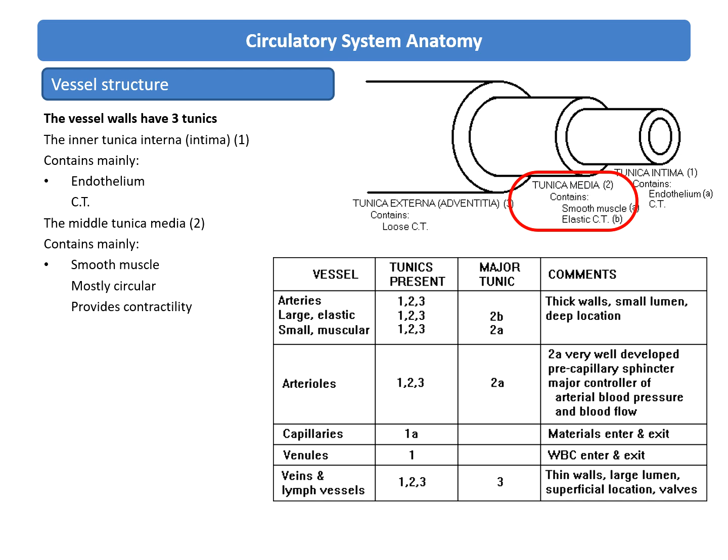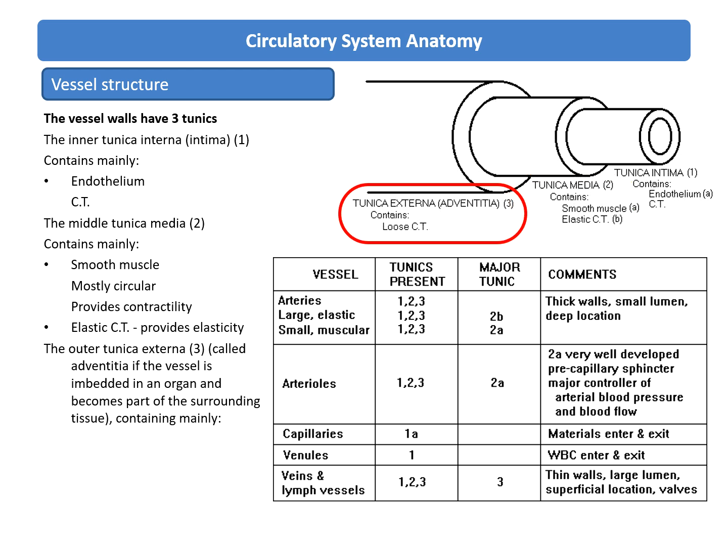It provides contractility to the vessel. It also has elastic connective tissue. This provides elasticity. The outermost tunic is the tunica externa. It's called the adventitia if it blends into the surrounding tissues. It consists mainly of loose connective tissue.